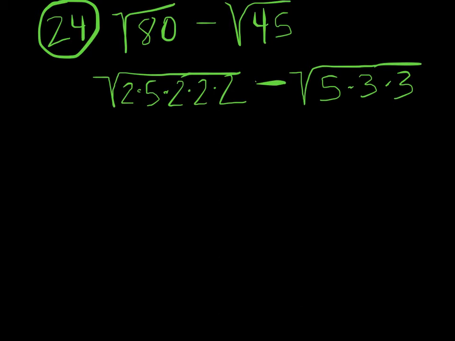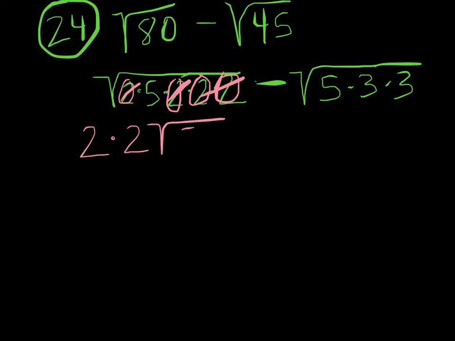So on the first radical, here's 2 2's that I can mark out and bring one out. And here's 2 more 2's that I can mark out and bring one out. And then I've still got the square root of 5 left inside. Then on the second one, I've got 2 3's that I can mark out and bring the 1 3 out.